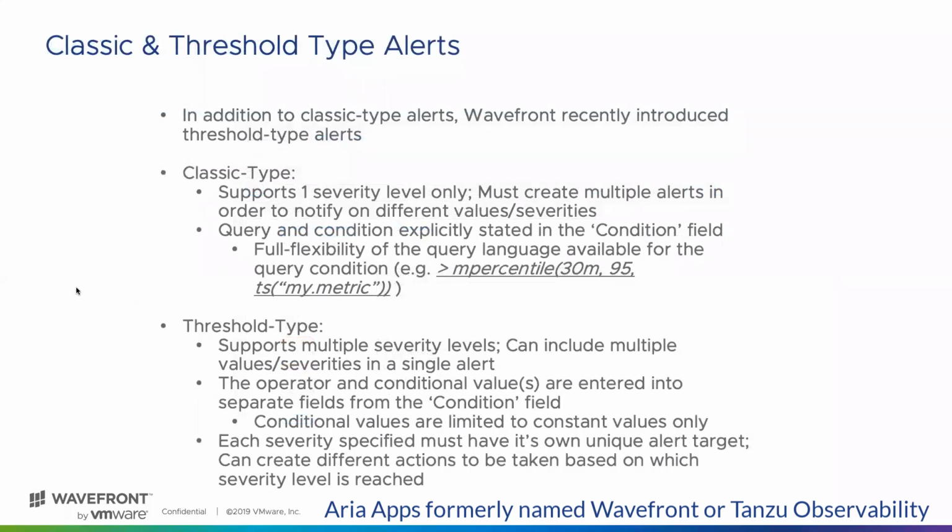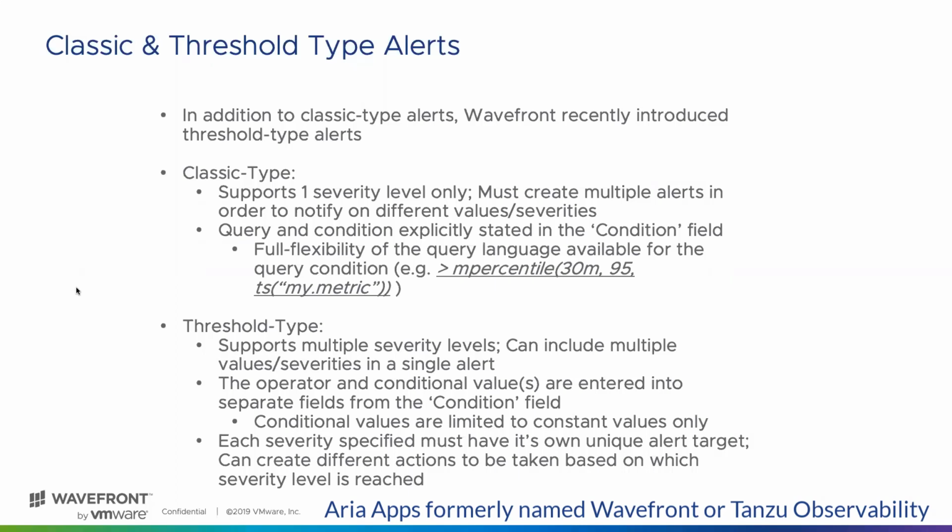One thing that I wanted to mention before getting into the user interface itself is that, and we will see this in there, there are two different kinds of alerts that you can do in Wavefront. There's what we've called classic. I don't know if that's a great name, but really just because that's the way we always had alerting.